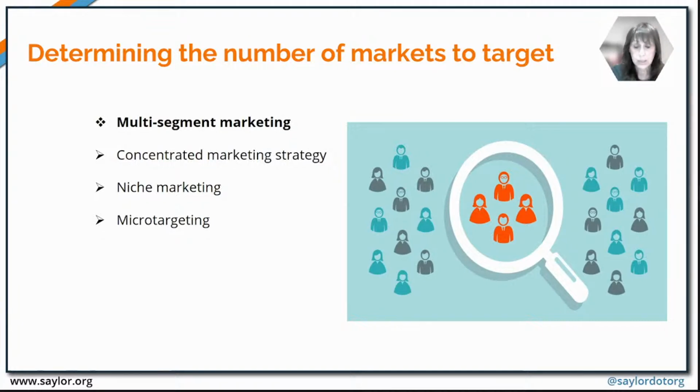So let's look at a concentrated marketing strategy, where there's very little competition. They go after a particular marketplace, but really seek to dominate that marketplace. If we look at, for example, Signet Jewelers, they have a multi-segment marketing strategy, but it's concentrated.